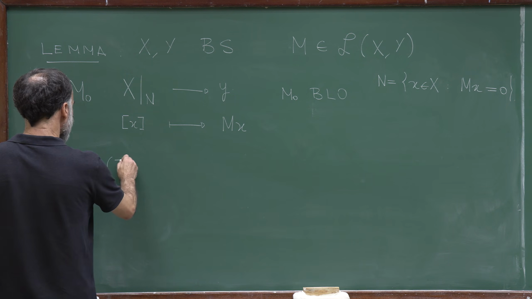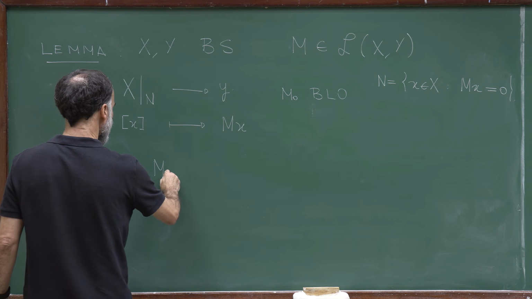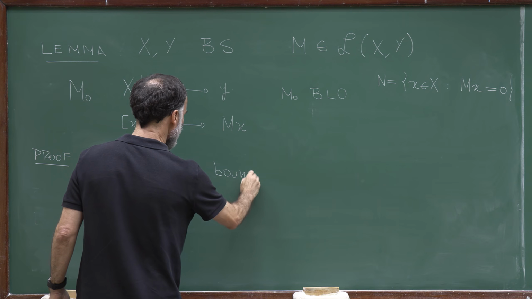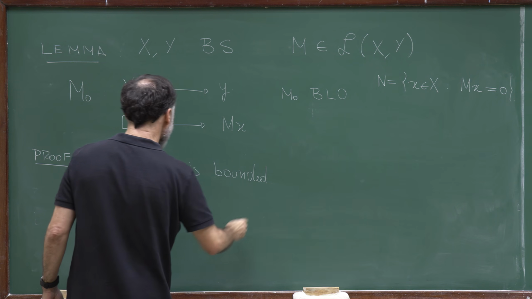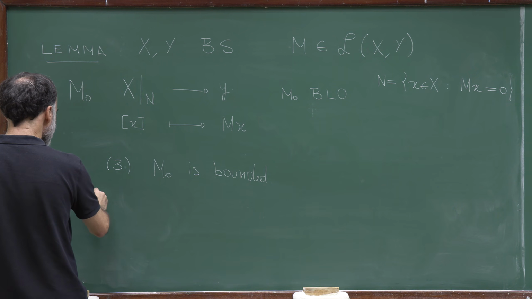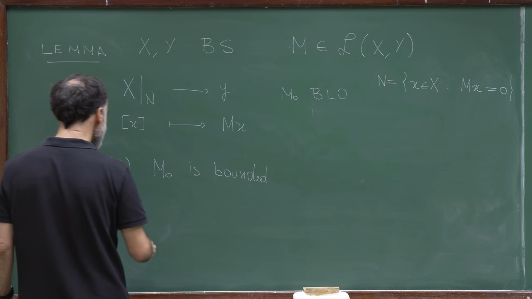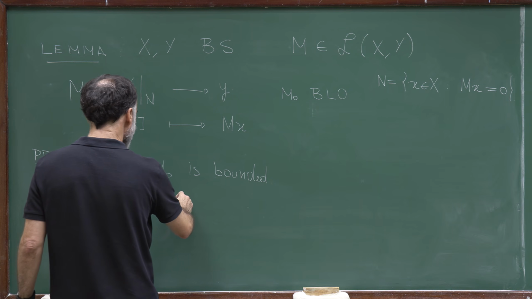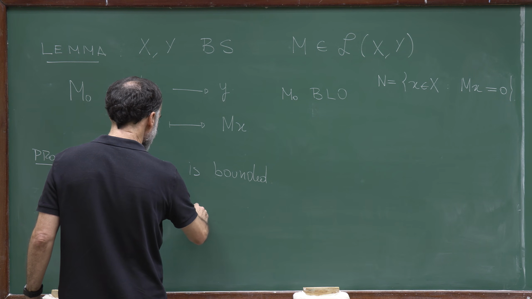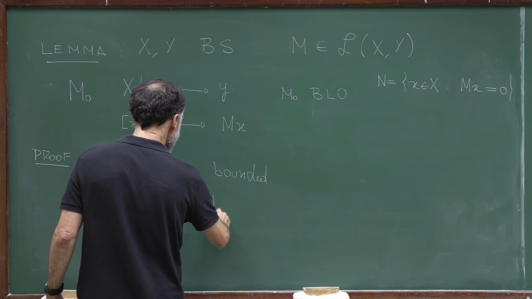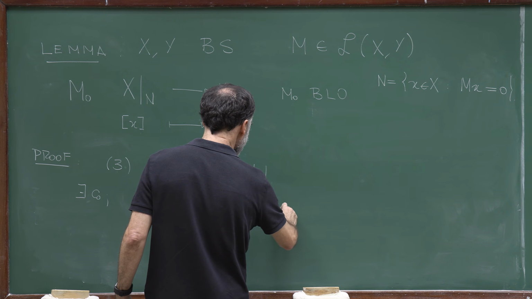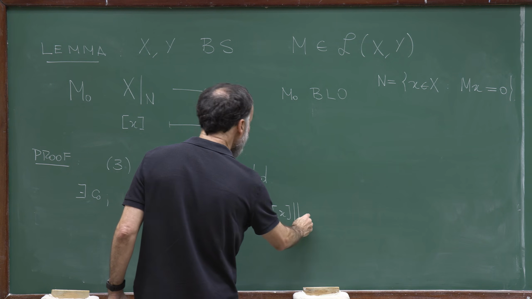My third claim is that M0 is bounded. So to prove that it's bounded, I need to show that there exists a constant c0 such that the norm of M0 applied to the equivalence class of x is bounded by c0 times the norm of the equivalence class of x.